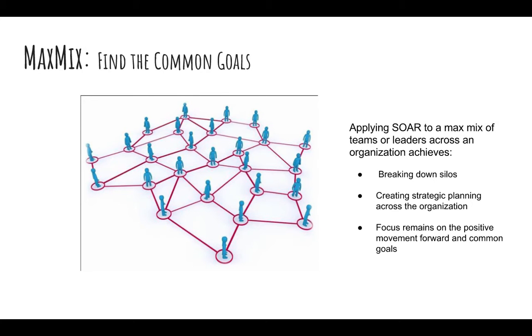If someone decides that they want to use the connectedness method organization-wide or business unit-wide, what you can do is complete the SOAR or do another iteration with a max mixed group. So mixed team members, mixed business units, or grab all of the leadership across the company and conduct the SOAR again.